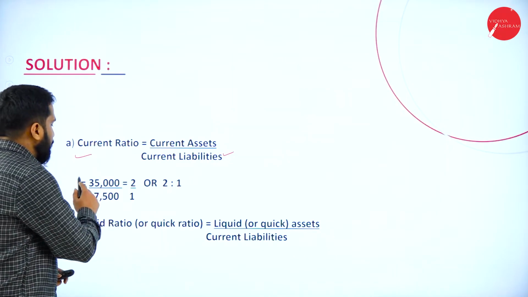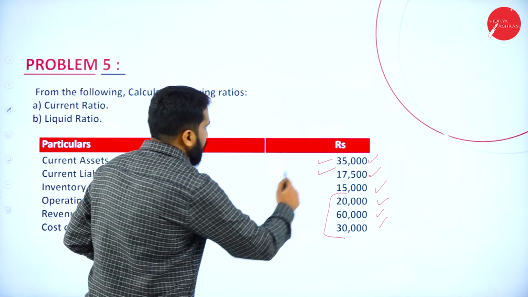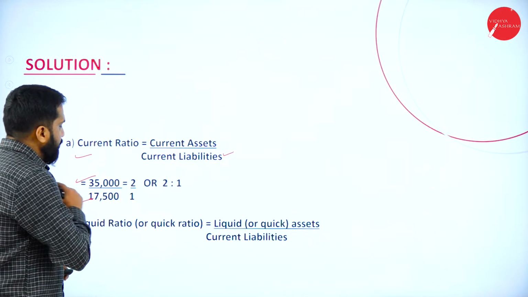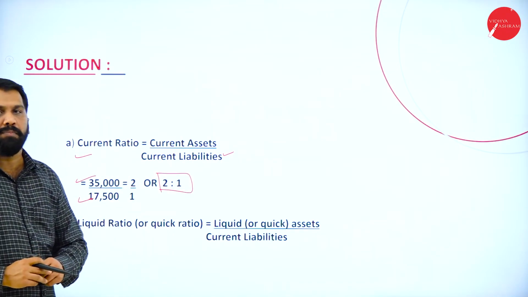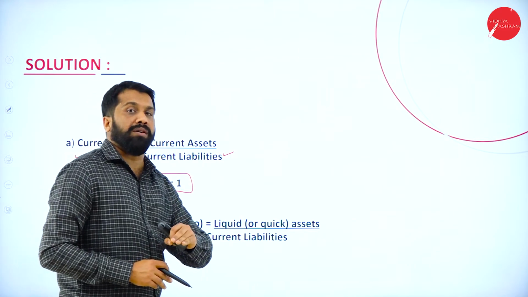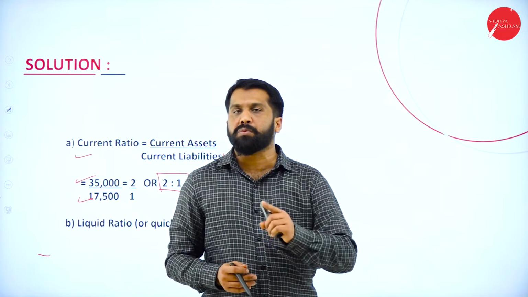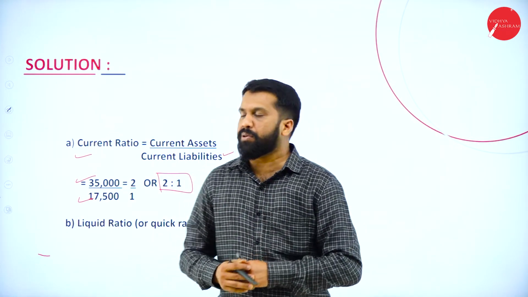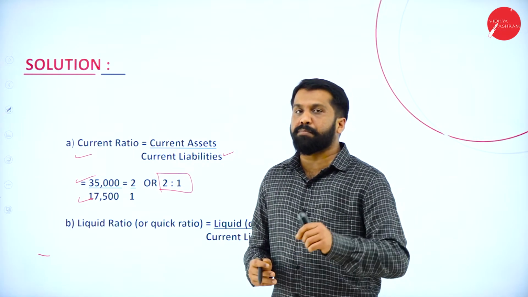Your current asset is 35,000, current liability 17,500. So 2:1, it is a favorable company. Why? Because your receivable is double your payable. Your payable is 1, means your receivable is double. So we call this favorable or benefited.